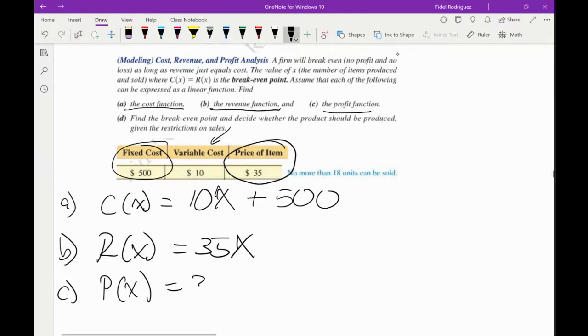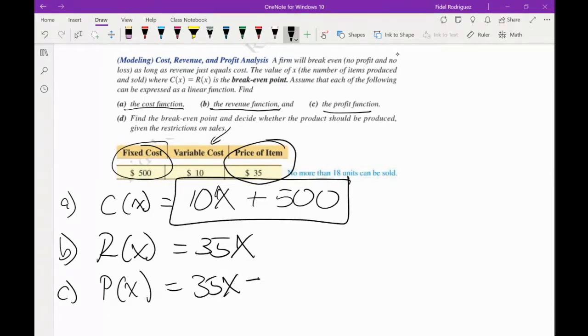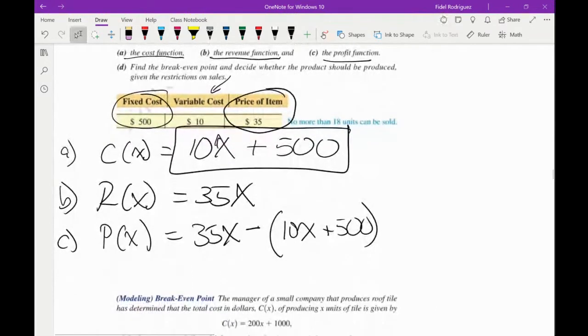So I'm going to take 35x minus this whole piece. And when I say this whole piece, I got to put it in parentheses, y'all, because I'm subtracting all of it. Not just the first piece, I'm subtracting that 500 as well, okay? This is going to give me my profit function. So I'm going to write P of x equals 35x. Now, I want you to think about this for a minute.